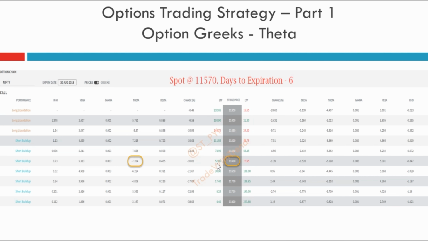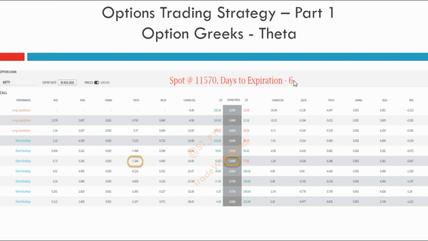Now I'll tell you what this -7 means. Take this 52 premium value and see the days to expiration, that is 6. What this -7 means is that as of today, with 6 days to expiration, every day this option is set to lose 7.2 of premium value. With 6 days left to expire and theta -7, the premium is 52, right?